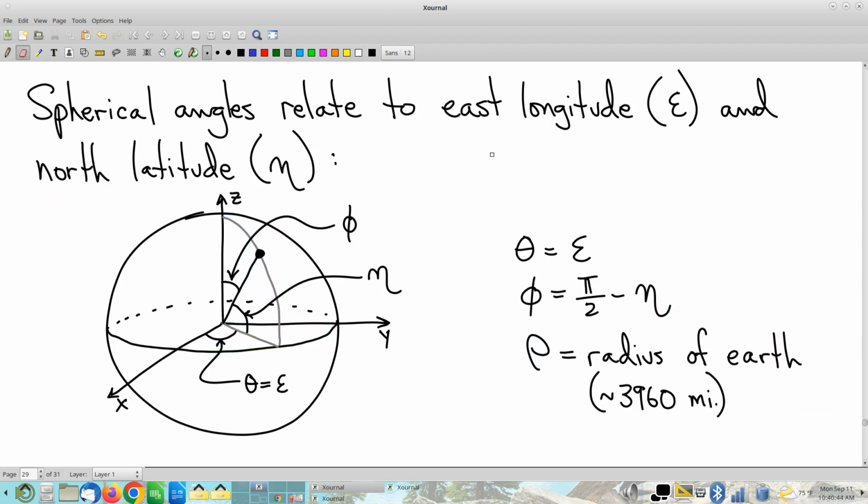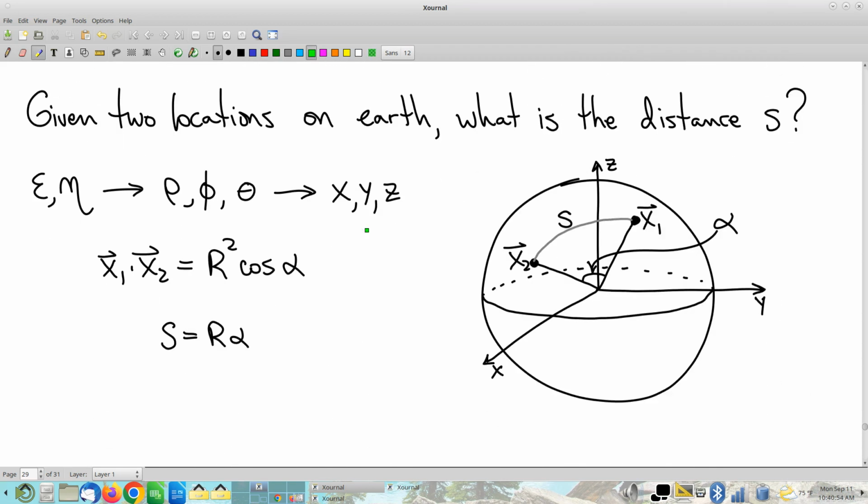Alrighty. So what is this useful for? Aside from being arguably a memory tool, it is useful for, for example, the following. Suppose you're interested in describing a point on the Earth. How do we talk about where points are on the Earth? Longitude and latitude, right? So if you know the longitude and latitude, the observations that we just made above allow us to immediately write down the spherical coordinates.